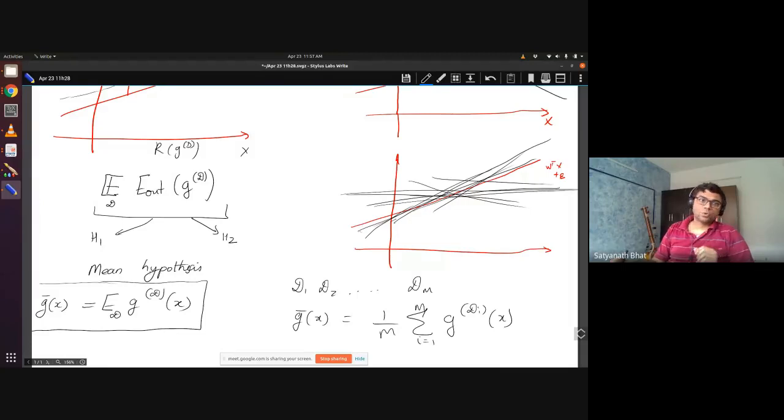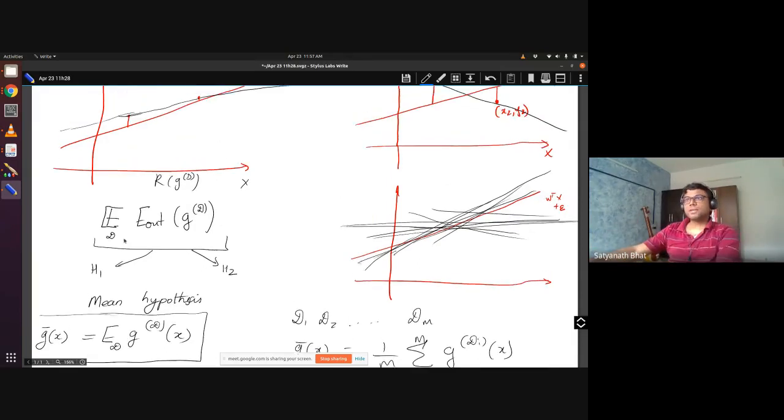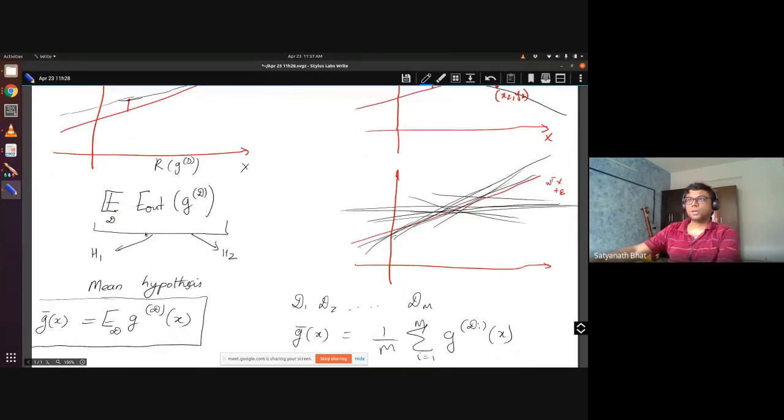This is like an average in my bag. So there are these two concepts that we have discussed, and both of them are very important. I hope all of you have understood these two.